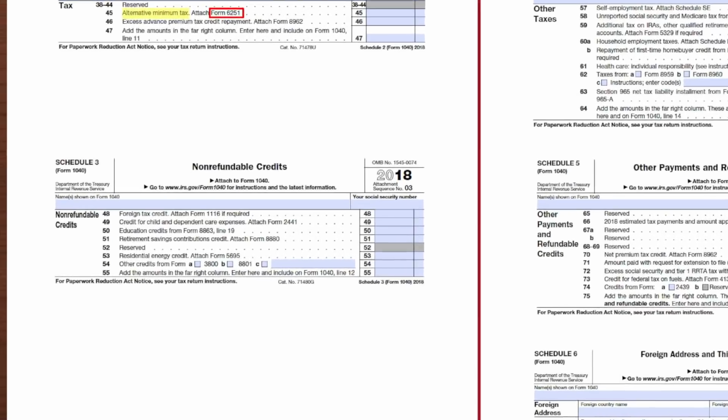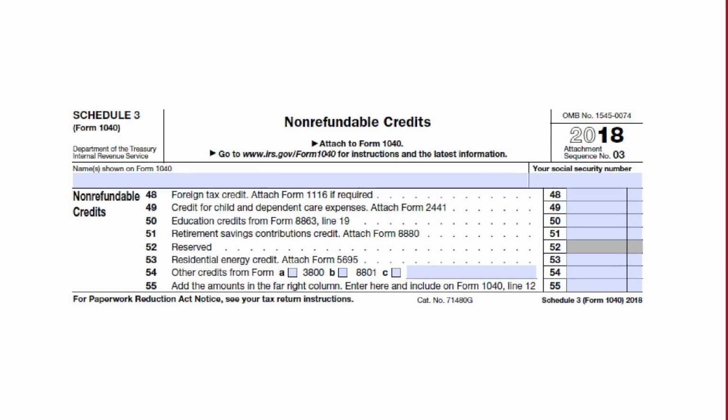Turn on to page 8, where we also have, put a box around Schedule 3 to Form 1040. And this schedule includes non-refundable credits. One of the important ones, look at line 48, foreign tax credit.